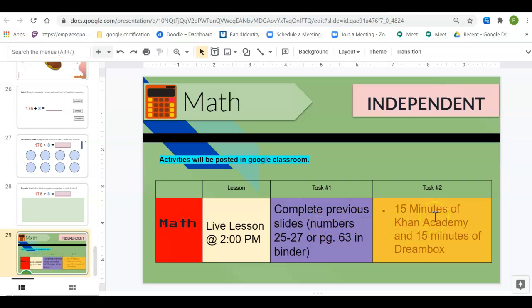Also, you're required to do 15 minutes of Khan Academy work and also 15 minutes of Dreambox. So you've got some division work that has been assigned to you already by your teacher in Khan Academy. I want you to work on that. And again, also 15 minutes of Dreambox. And once you finish all these tasks, then go on and turn the assignment in to your teacher.